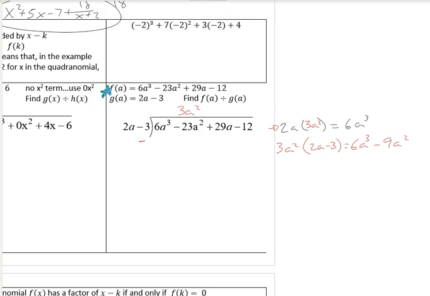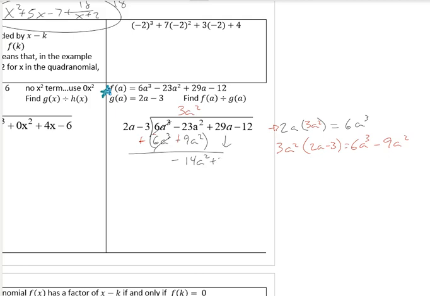Subtract. Change signs. Cancel, cancel. Negative 23 plus 9 is a negative 14a squared.